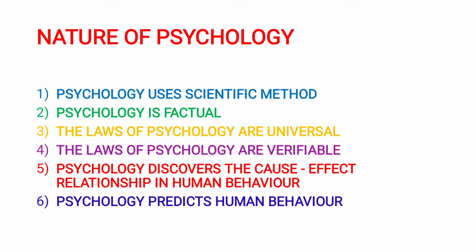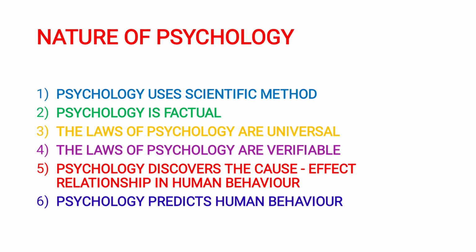To summarize, psychology uses the scientific method, and doing experiments in psychological laboratories is an example of it. Then psychology is factual. You are studying the facts or information. Then the laws of psychology are applicable everywhere under the same circumstances. Next, the laws of psychology can be verified by anyone.